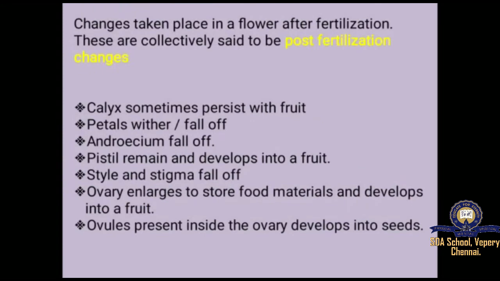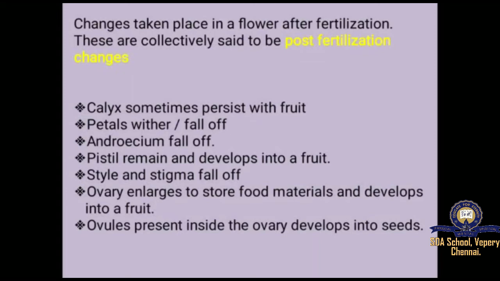They are collectively called post-fertilization changes. Calyx sometimes persists without falling with the fruit, as we saw in case of brinjal, lady's finger, tomato. Petals wither or they fall off. Androecium falls off.